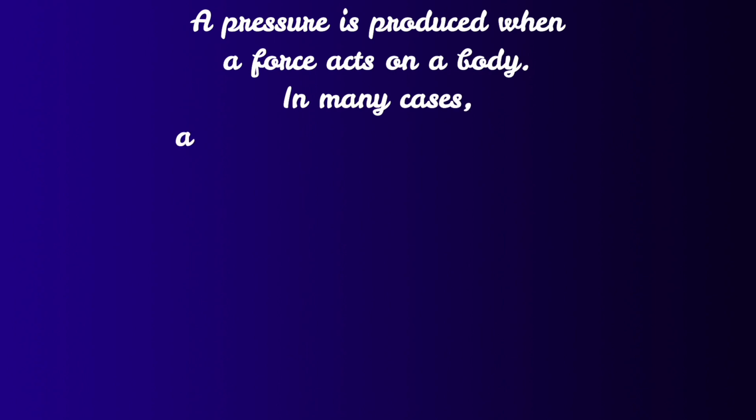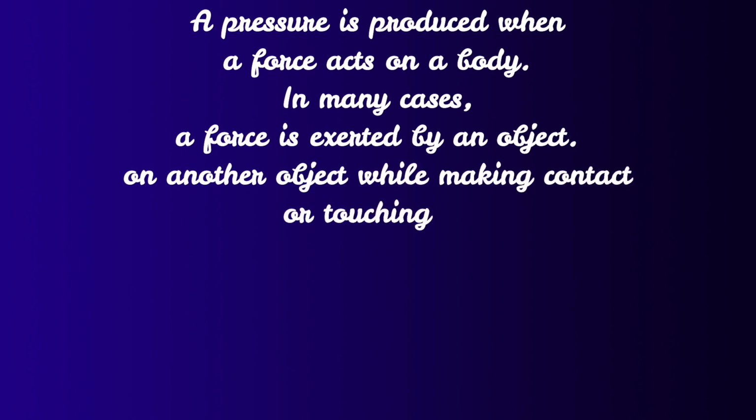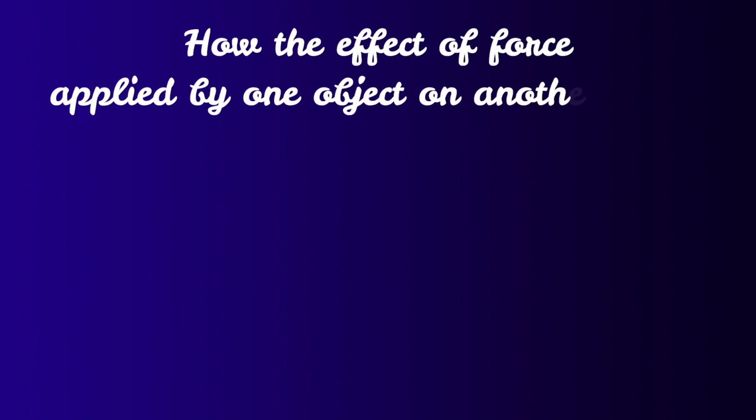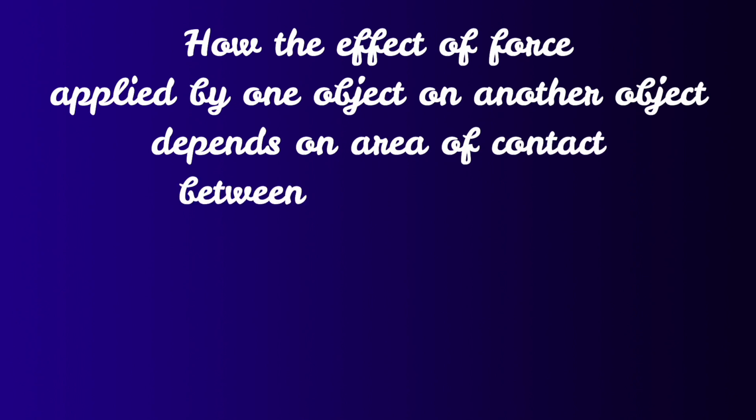In most cases, an object exerts force on another object by making contact with it or by touching it. Let us now describe how the effect of force applied by one object on another object depends on the area of contact between the two objects.